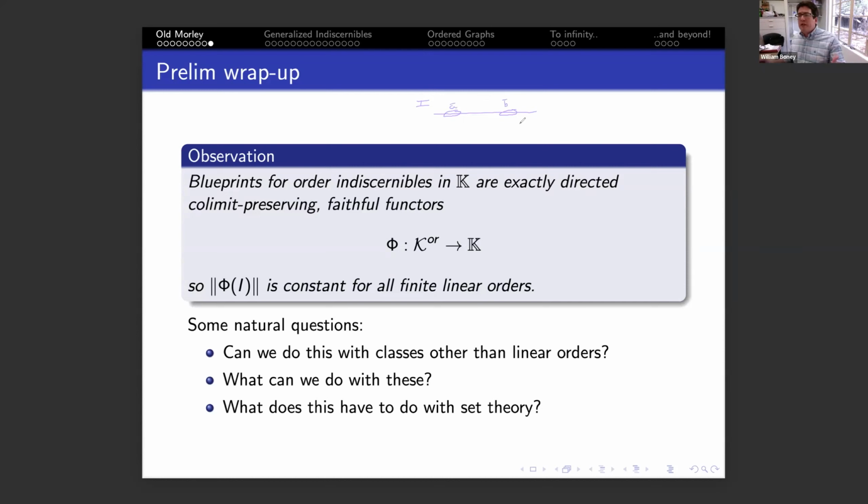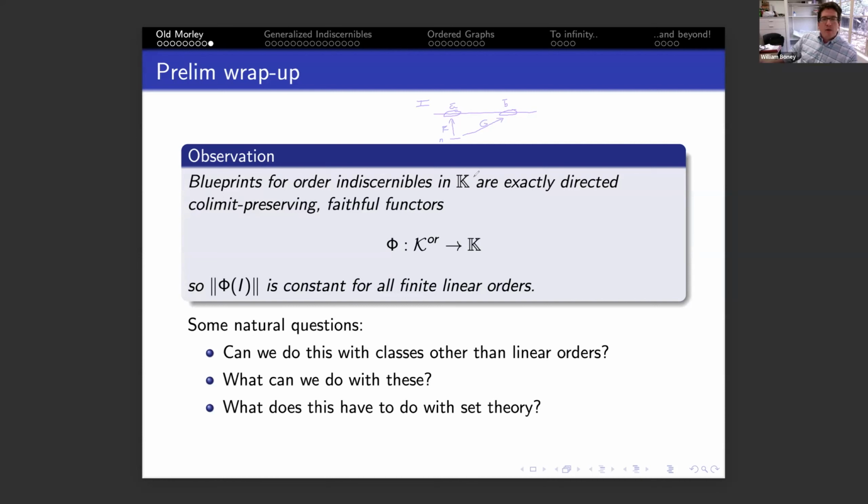The classic view of indiscernibility is that since they're both increasing, the type of A bar and the type of B bar should be the same. How do we get this from this functorial idea? Well, we take just the finite linear order n, and saying that A bar and B bar are listed in increasing order tells you that you've got maps from the n element linear order to each of these.